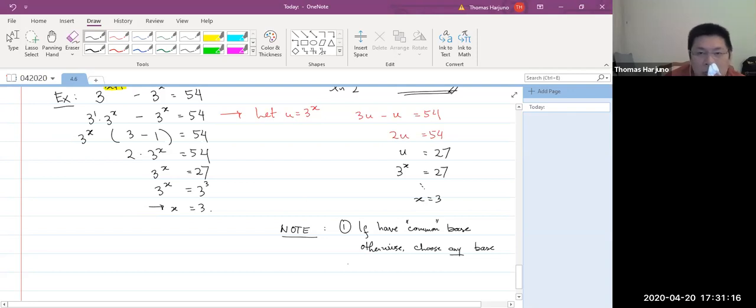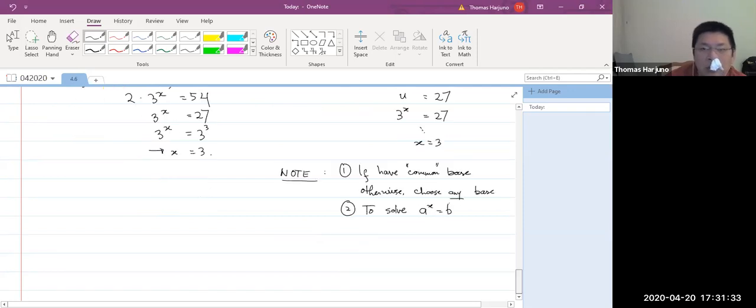Now second, when we solve a to the x equals to b, it depends if b can be written as the common base, the base a. If not, then we use log.